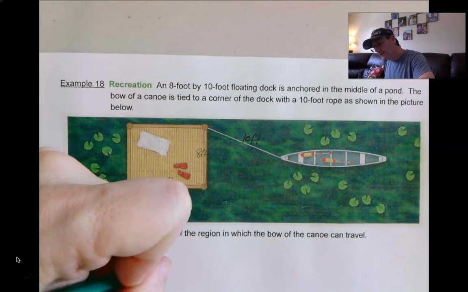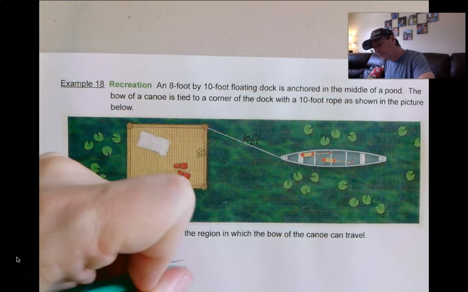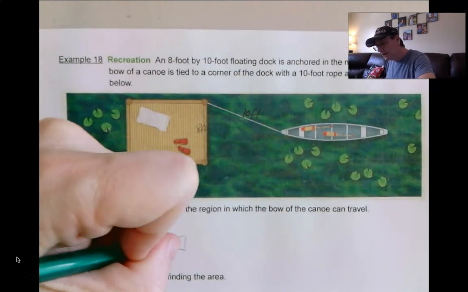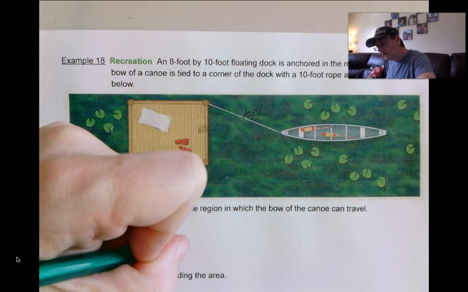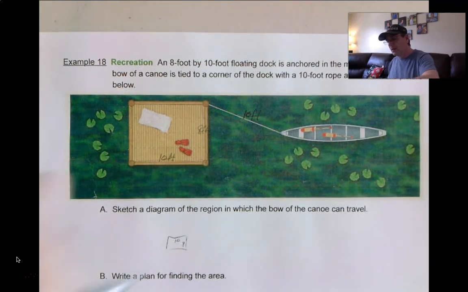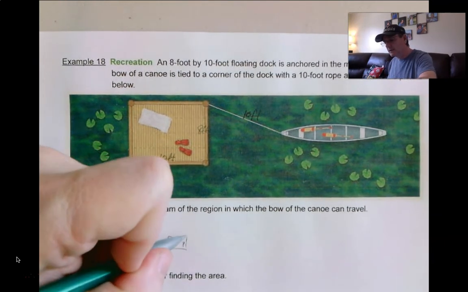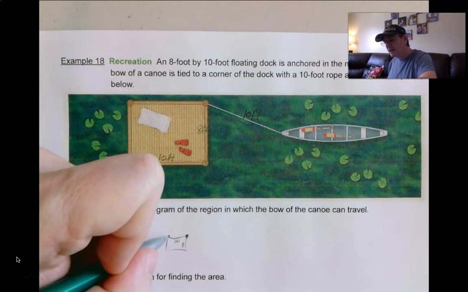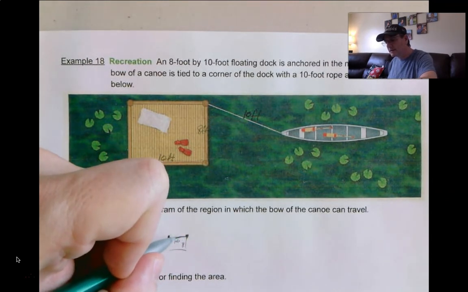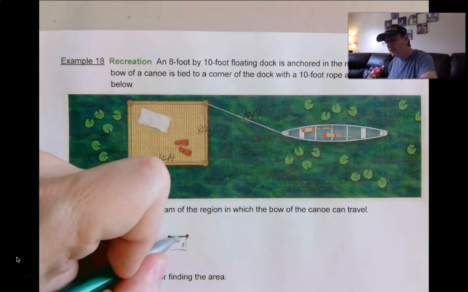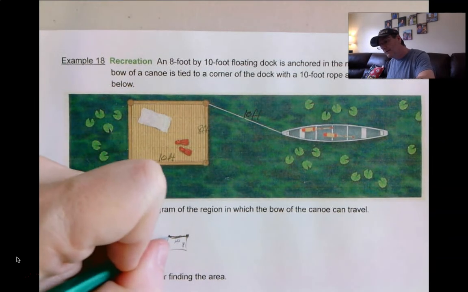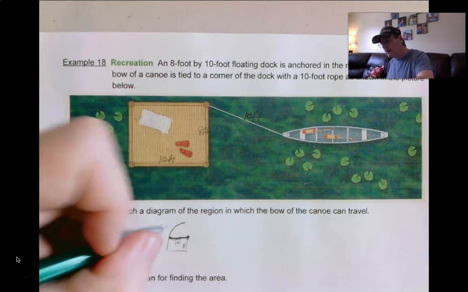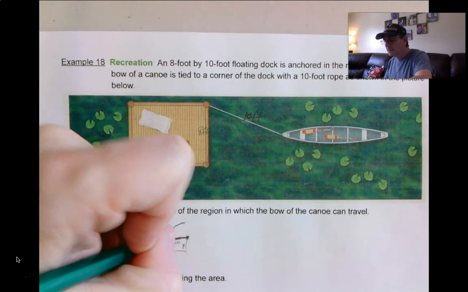So, a little bit tricky. Here's our dock. This is 10 feet. That's 8 feet. So the canoe is anchored here. When the canoe is here, that is the whole rope, 10 feet. It's going to go around in a circle, right?